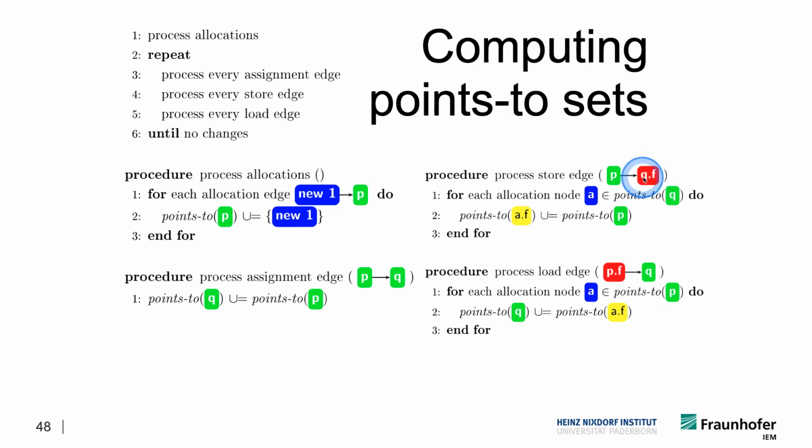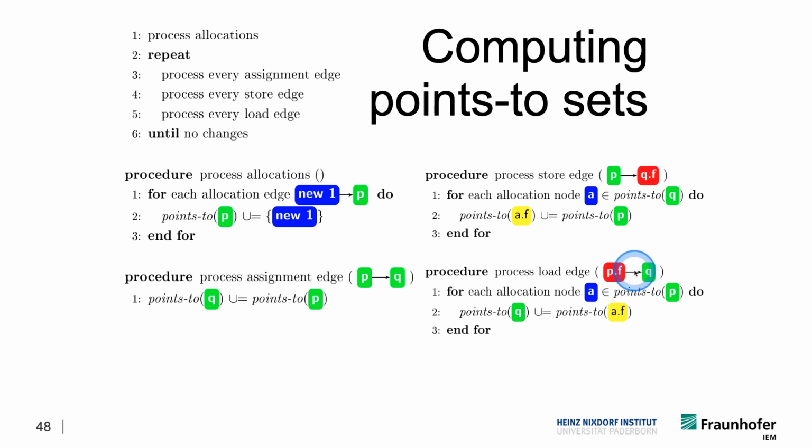Okay, so we are basically listing all the possible owner objects of this field, you could say, or all their representations that we have in terms of allocation sites. And then we are creating new concrete field nodes for all these different allocation sites, right? So for each one, we're creating a new concrete field node A.F. And then P, or the points-to set of P, is being made a part of the points-to set of all these concrete allocation nodes.